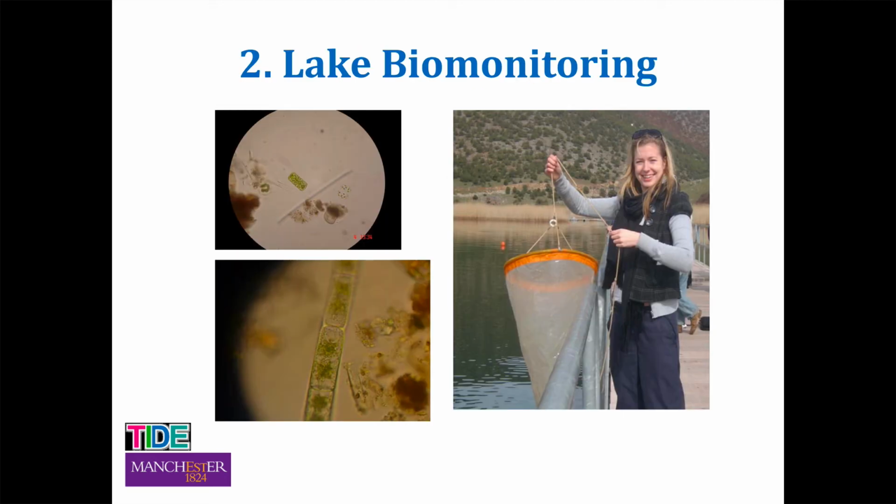So let's move on now to lake biomonitoring. Here we have pictures of some diatoms, and we have one of my students with a phytoplankton net, which is the net you use very often to collect algae in lakes.